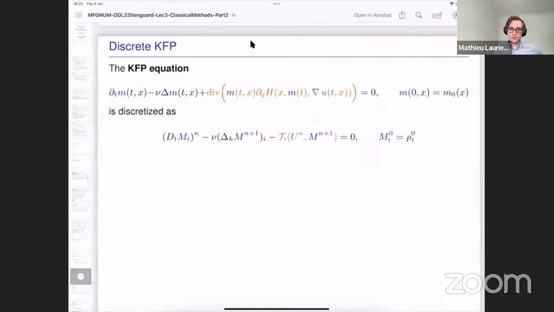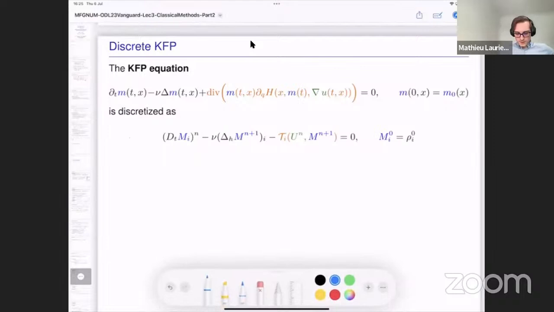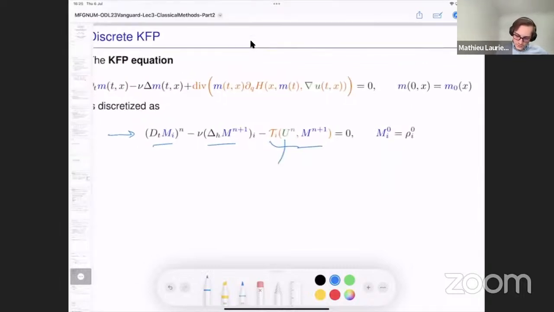So you take this divergence, and I'm claiming that the discrete equation is going to be this one. That's the one we are going to take. The first two terms are not too surprising, but we have to explain this one. What is the operator Ti? Again, remember that Un will be a vector because it has all the possible points.